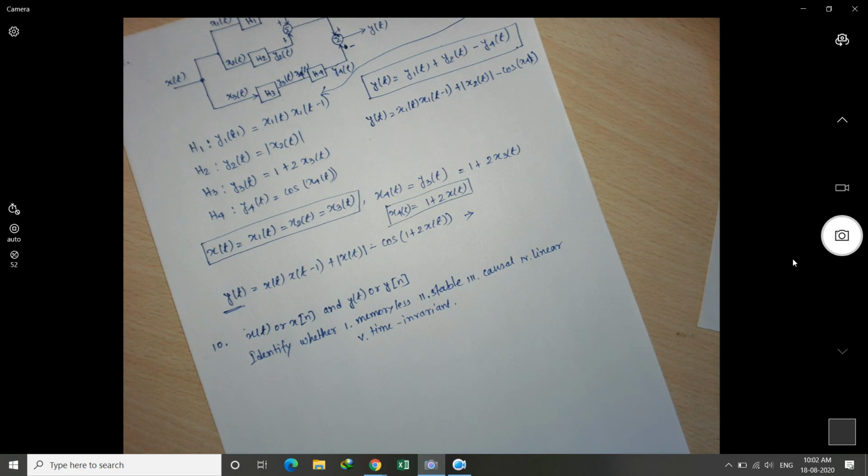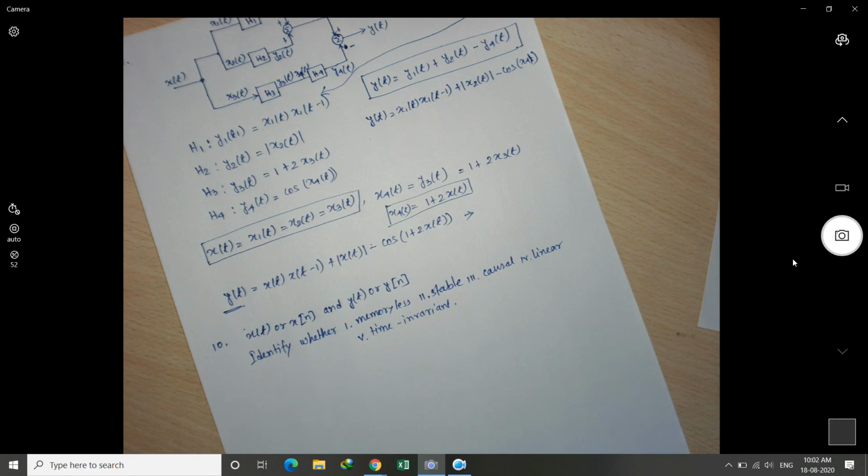A system, if it is having memory, its output depends upon past or future values of the input, right? If it is memoryless, then the output is completely depending upon the present input. So the time at which we provide the input, the system produces the output. So memoryless means present. If it is depending upon past and future, then it is memory.